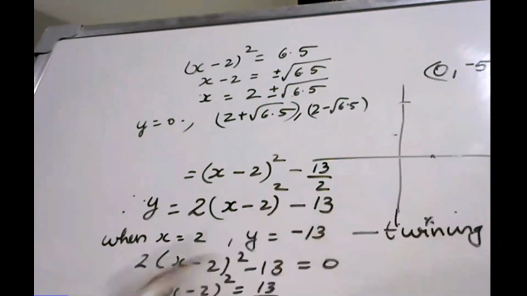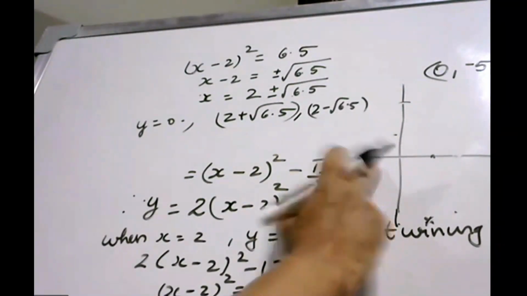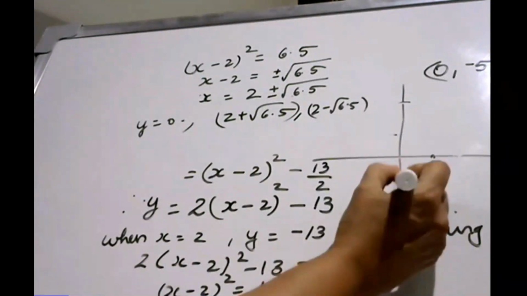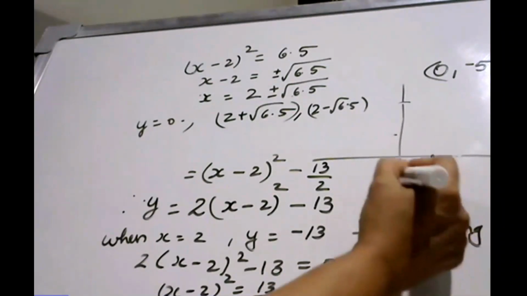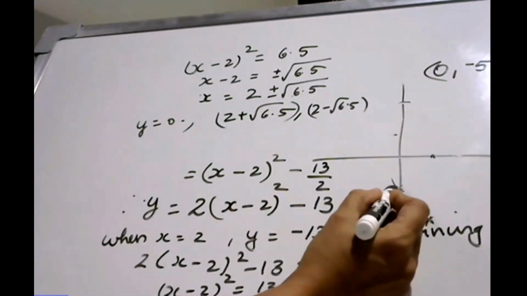So the curve should be an upward curve. And the y-intercept is 0 and negative 5. Suppose somewhere over here. So the curve passes through this point. It is the point where the curve meets the y-axis.